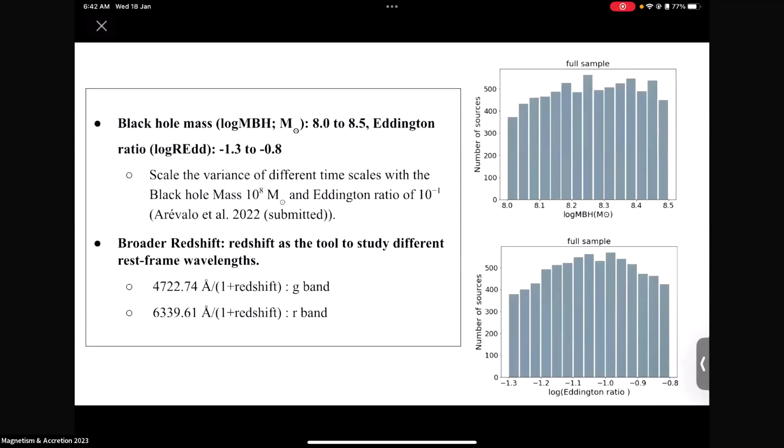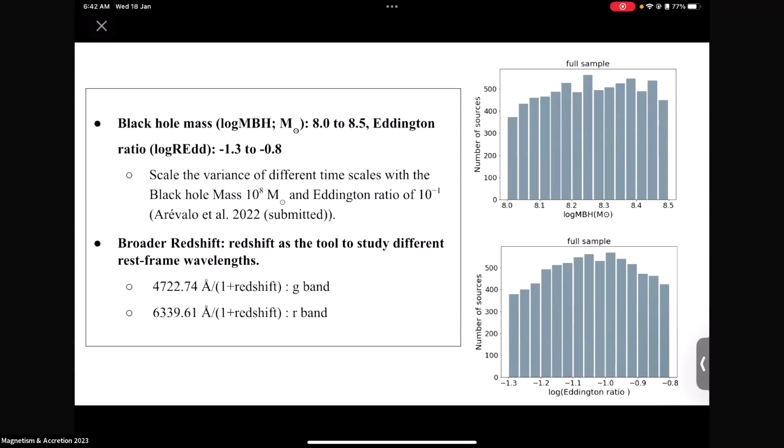Also, later, after finding the variance for these light curves, we wanted to make the sample homogeneous because the variance depends on the black hole mass and Eddington ratio. So on the top right, this is the histogram of the black hole mass, and on the bottom, this is the histogram of Eddington ratio. So here we can see that there is a certain range in the black hole mass and Eddington ratio in this sample.